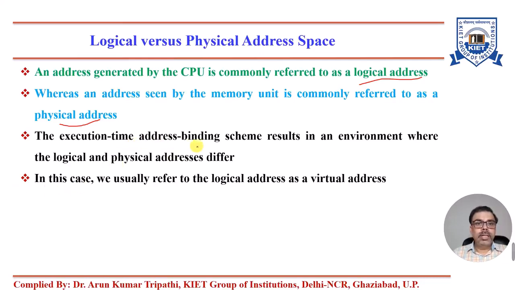The execution time address binding scheme results in an environment where the logical and physical addresses differ. In this case, we usually refer to the logical address as a virtual address. So the logical address is also termed the virtual address.